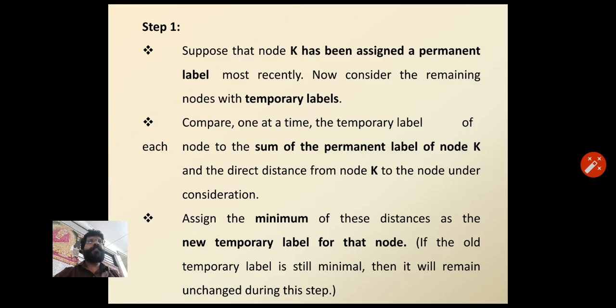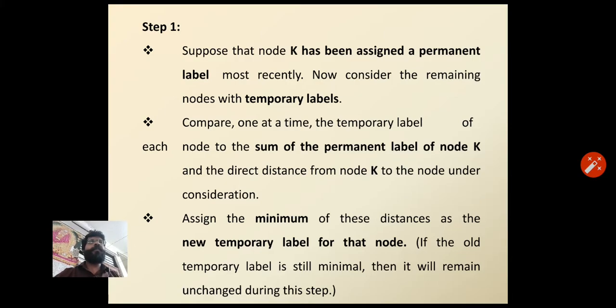That means we calculate the sum of the permanent label of node k and the direct distance from k, then compare it to the actual distance of the temporary label. After calculating, we assign the minimum of these distances as the new temporary label for that node.